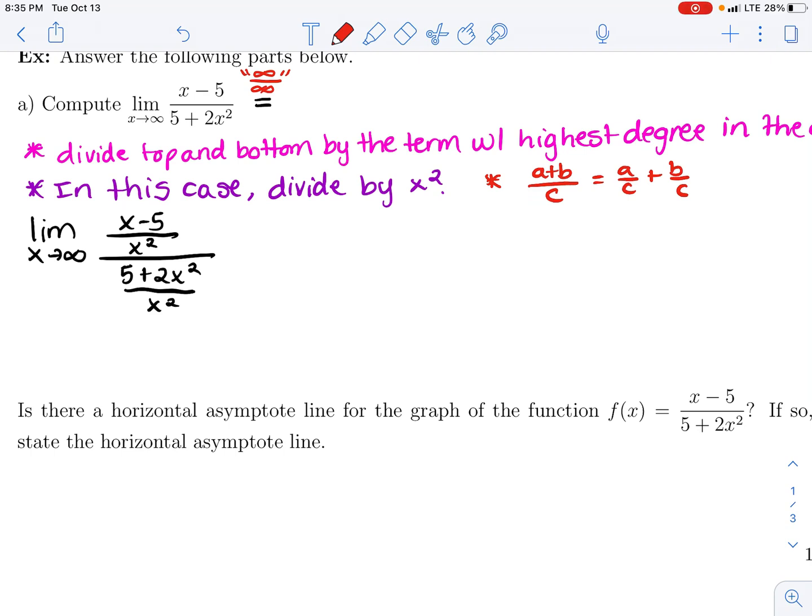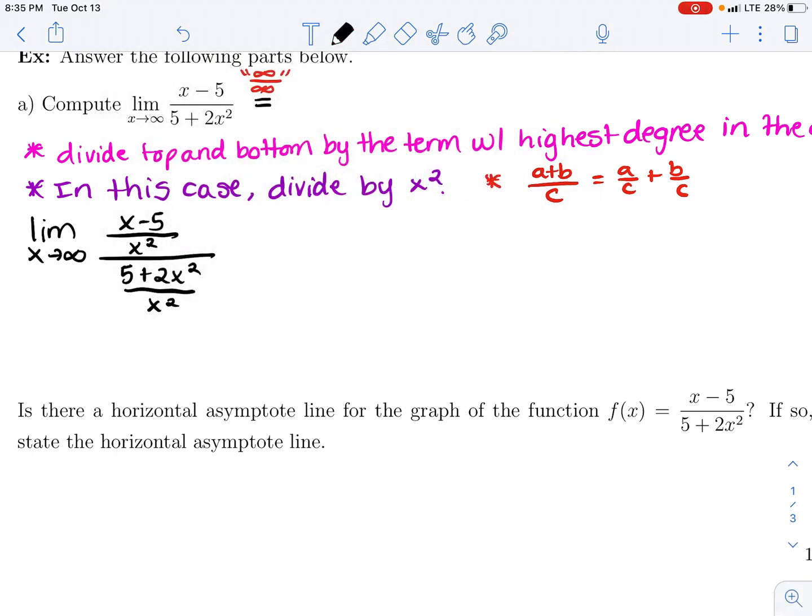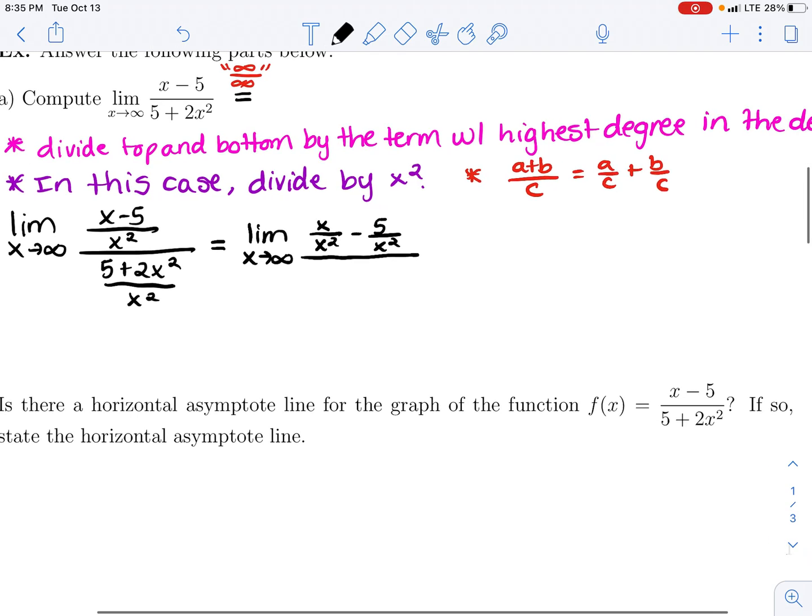But instead, we're working backwards now. We're starting with what we have on the left, and we want to end with what we have on the right. And so here, when I look at this, I'm going to say, well, this is the limit as x approaches infinity of (x over x squared minus 5 over x squared) all over (5 over x squared plus 2x squared over x squared).